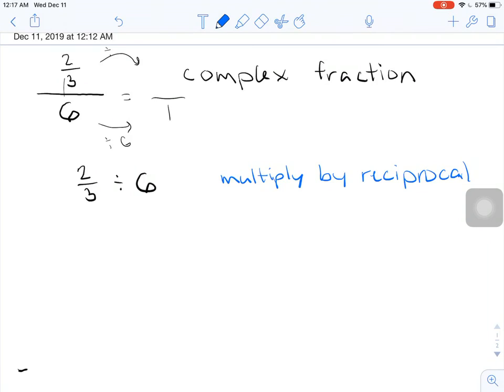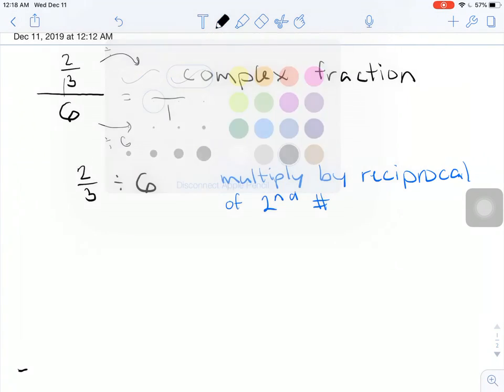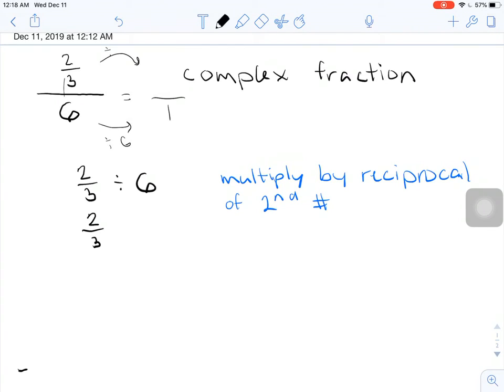If you flip the numerator and denominator, that's the reciprocal of the second number. So if I want to divide, I'm going to turn this into multiplication. 2/3 divided by 6: any whole number can be turned into a fraction by putting it over 1. So 6 is the same as 6 over 1. If I flip that, I end up with 1/6. So the way I'm going to do 2/3 divided by 6 is to do 2/3 times 1/6.